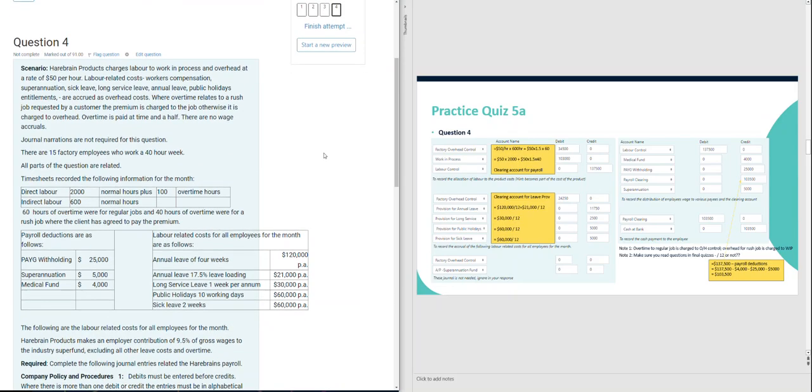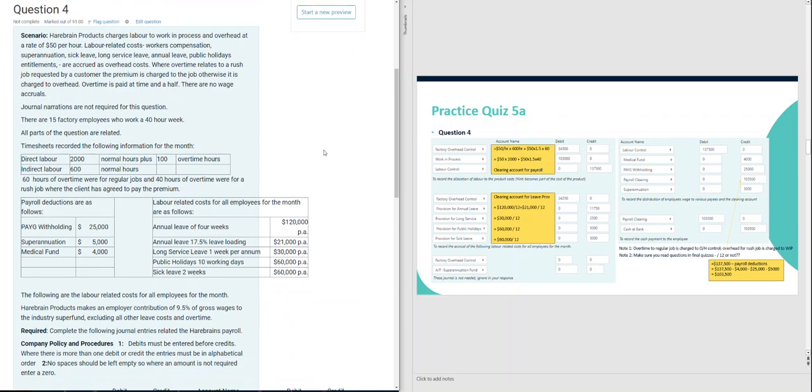Annual leave and public holiday entitlements are accrued as overhead cost. Now, this is important, and this is something that when you read the question, you should really look at. Where overtime relates to a rush job requested by the customer, the premium is charged to the job. Otherwise, it is charged to overhead.